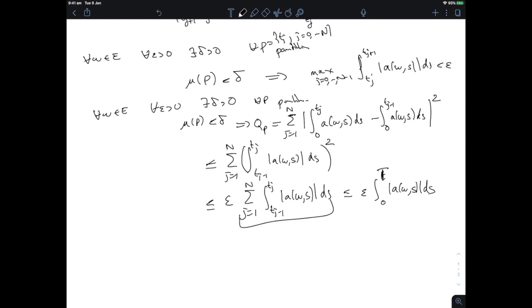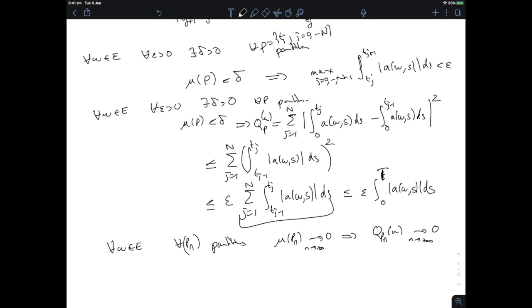Okay, so what have we got here? We've got that for every epsilon, if the mesh size of the partition is small enough, then Q_P is smaller than a multiple of epsilon. Therefore, for every ω in E and for every sequence of partitions P_n, if the mesh of P_n tends to 0, then Q_{P_n}(ω) tends to 0.